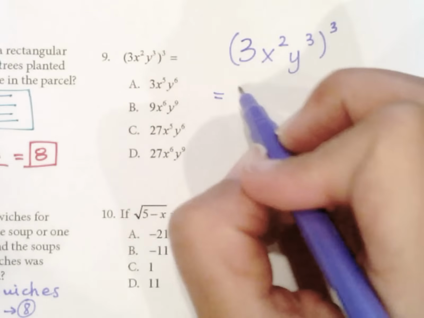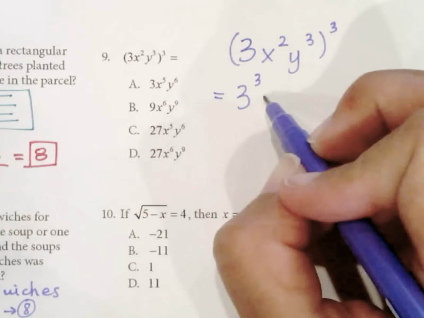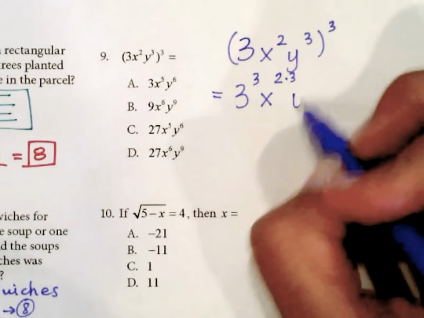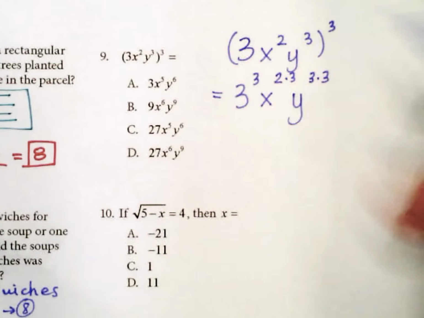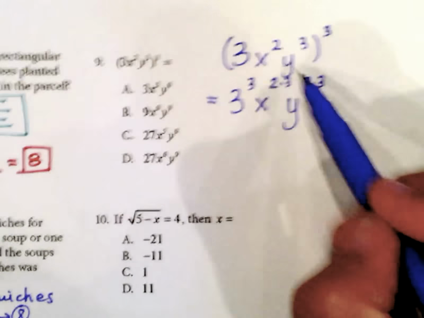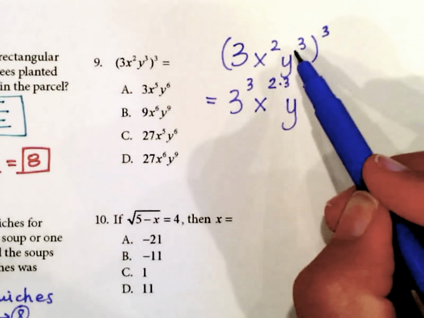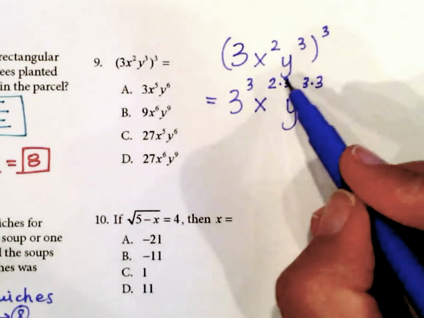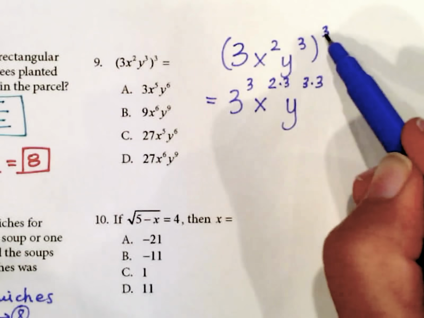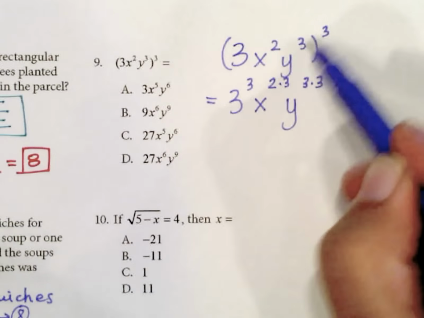That is the same as 3 cubed, x to the 2 times 3, y to the 3 times 3. When you have an exponent on a power already, so if an exponent is raised to an exponent, you multiply the numbers. So this is x to the 2 times 3. This is y to the 3 times 3.